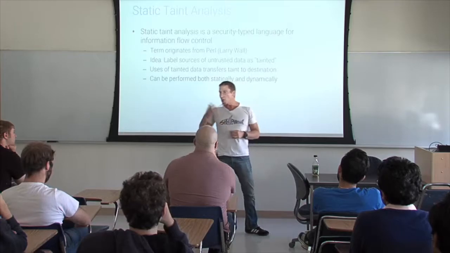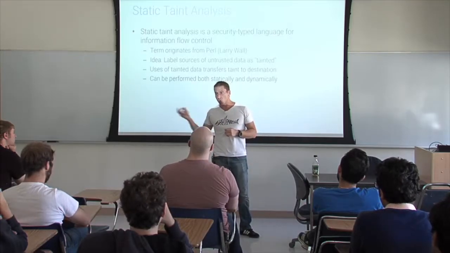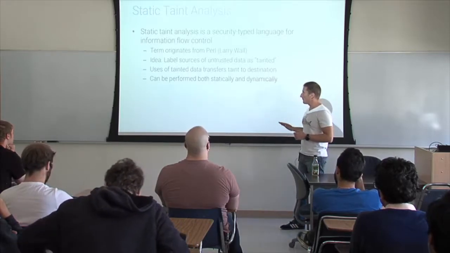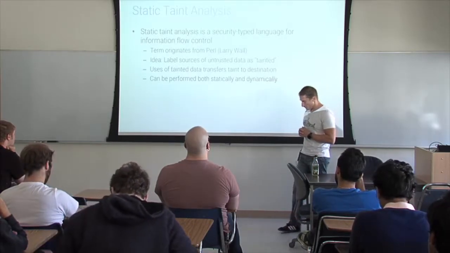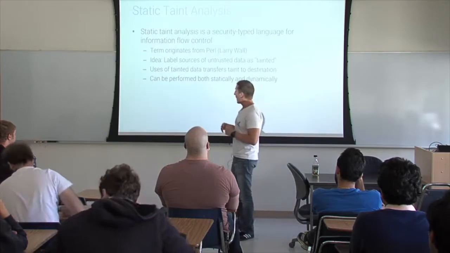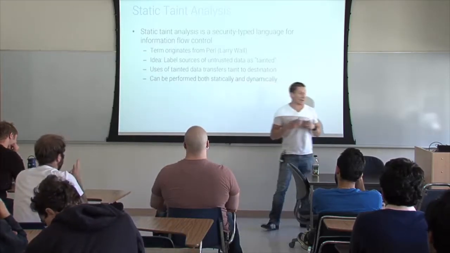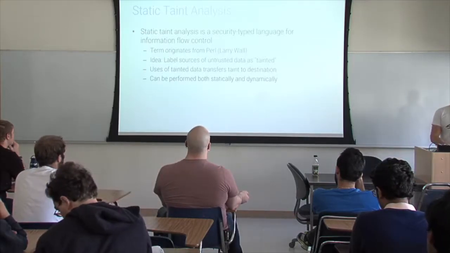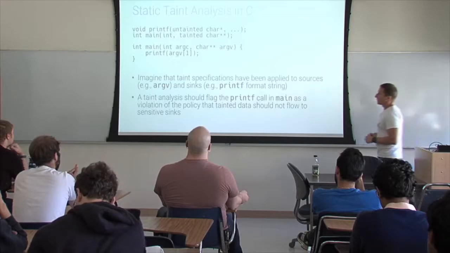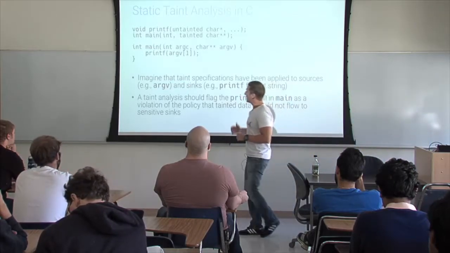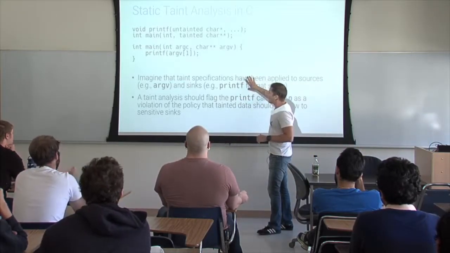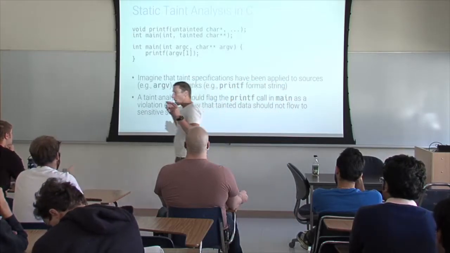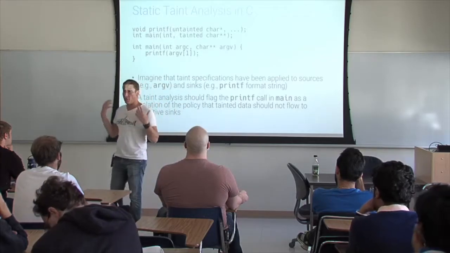So he introduced into Perl the ability to track how data moved through the program, and could identify exactly situations in which this was not safe. So if you imagine here in C, you would fundamentally specify which parts of the program are a source of tainted data.